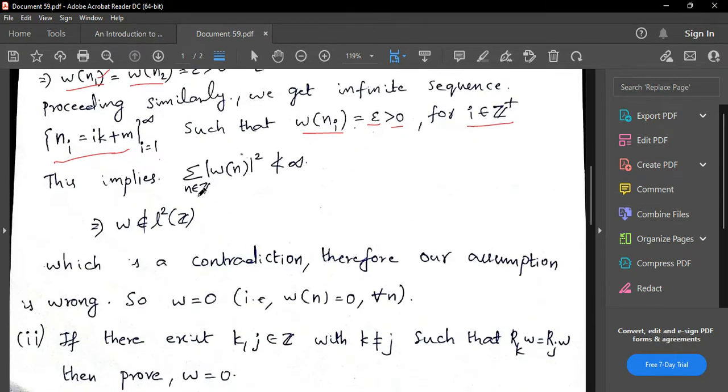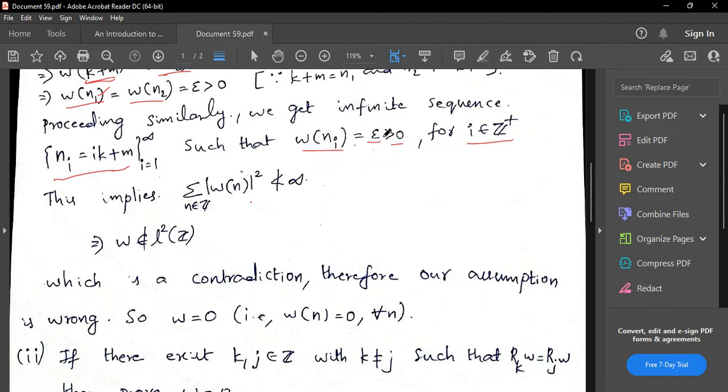This implies that the summation over n belonging to z of the norm mod w of n, the whole square, because a lot of positive terms are coming in this summation. So the same term is repeated infinite times. If in a series a term is repeated infinite times, then that series cannot converge. It diverges to infinity, because the positive terms keep adding and it goes to a higher number when added up to infinity. So this will not be a finite value.